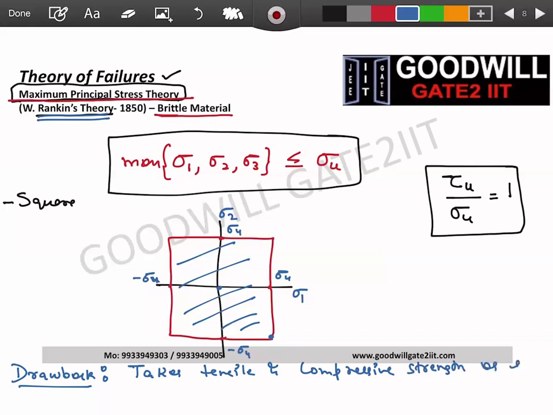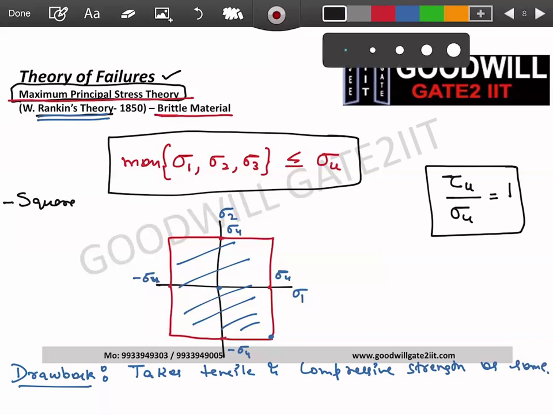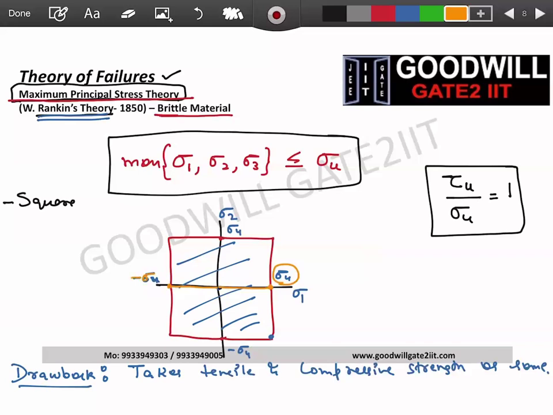Now, understand this. They are saying in the tensile direction, your ultimate stress is sigma u. In the compression direction, that means you have negative stresses, your stress is still the same with negative. But you people know in reality, if I give you a bar made of any material and you pull it, it fails.